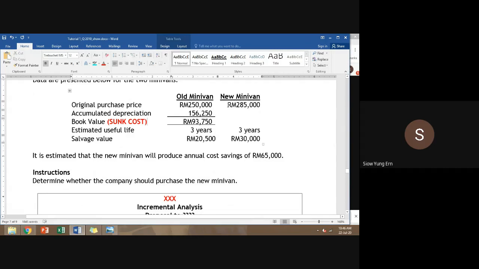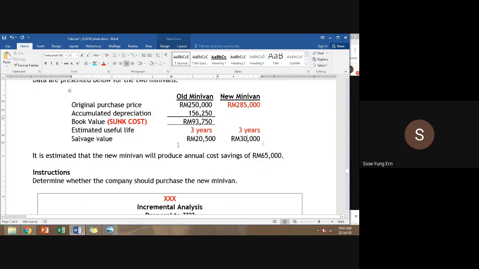New minivan, this is important because you need to know how much you need to pay for the new minivan. Estimated useful life, same, both is 3 years. Next one, salvage value, you have 20,500 for old and new minivan 30,000.